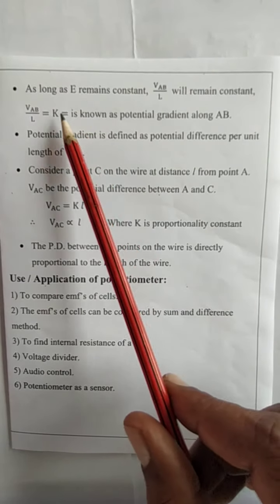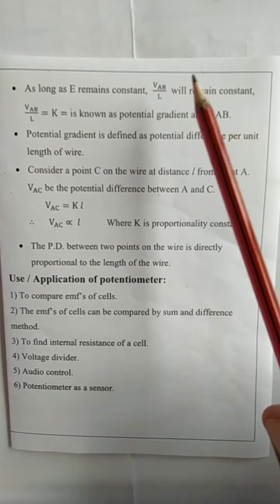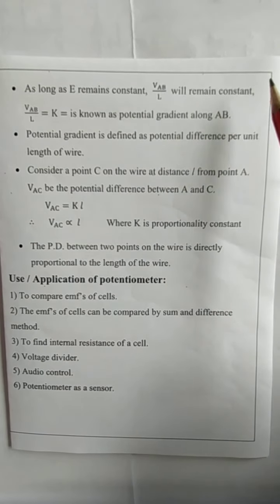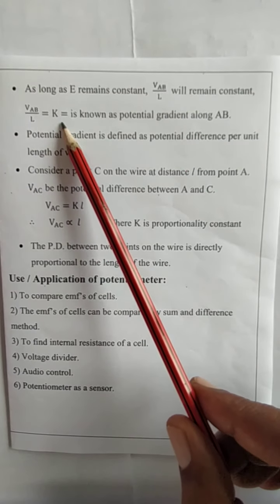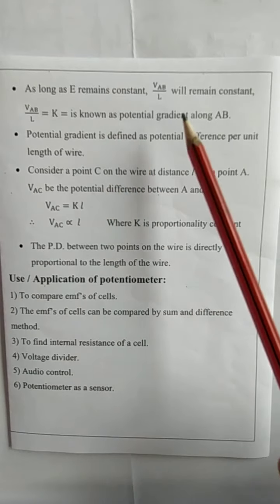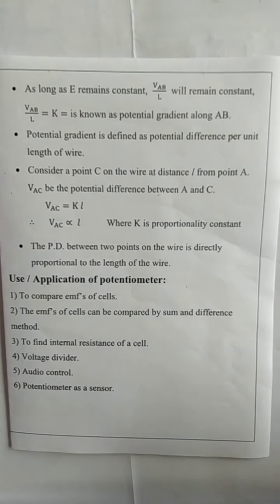As long as E remains constant, VAB upon L will remain constant. VAB upon L is equal to K, known as potential gradient along wire AB.